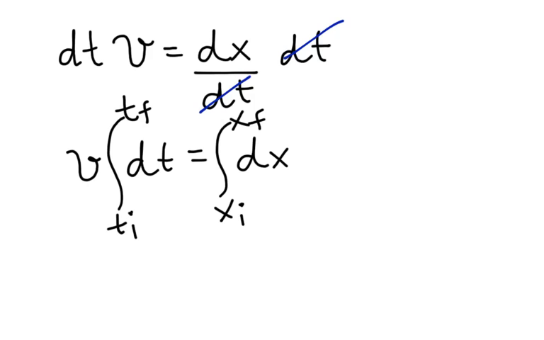Okay, on the left side of the equation, I'm going to have the antiderivative of 1, which is t. And that's going to be equal to the antiderivative of 1 in this case, which would be x.